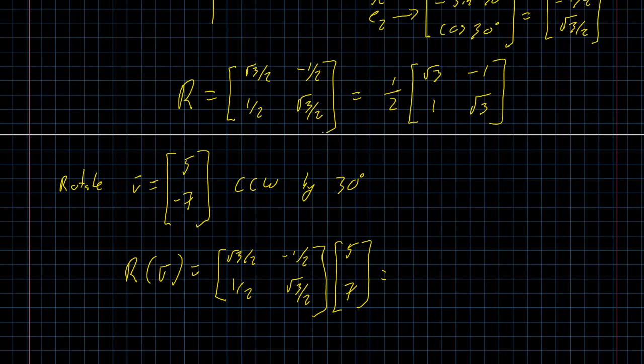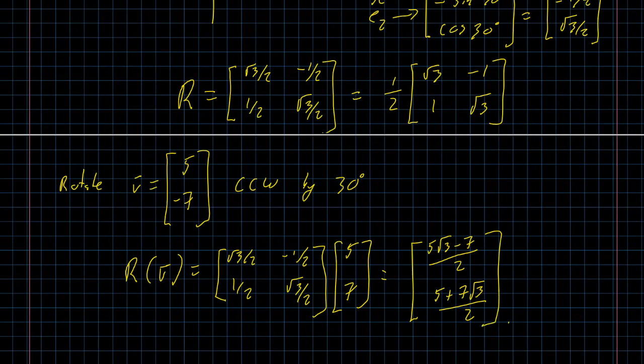And let's see, first row times this column, root 3 over 2 times 5, -1/2 times 7. All told that's going to be 5 root 3 minus 7 all over 2. And then second row with column, 1/2 times 5, root 3 over 2 times 7, 5 plus 7 root 3 over 2.